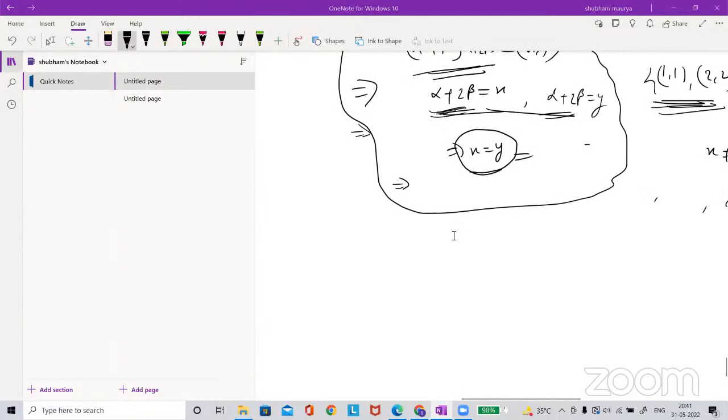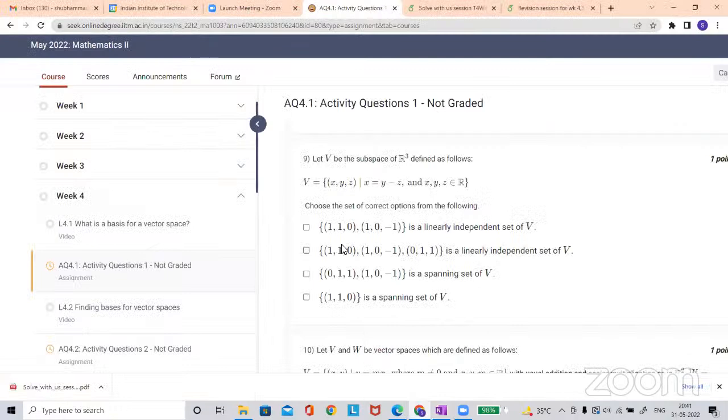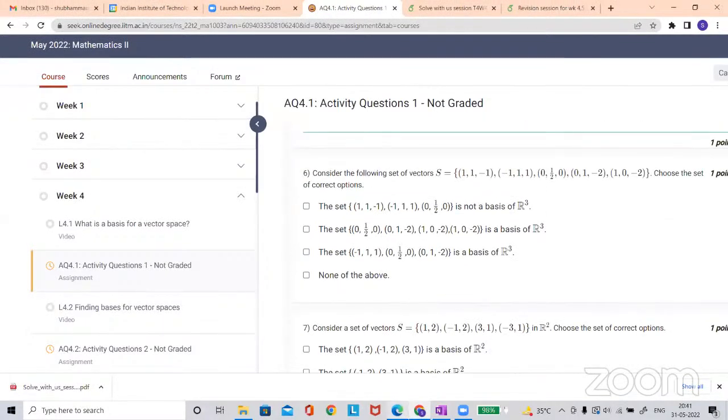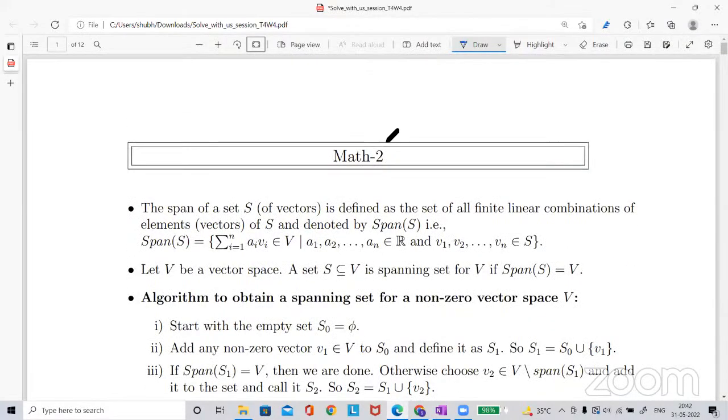Maybe we will cover them in the slides if they match your doubt. I have doubts on activities 4.1, 4.2, 4.3, 4.4 also. So please solve some questions related to week 4. Yeah, let's go with the slide.